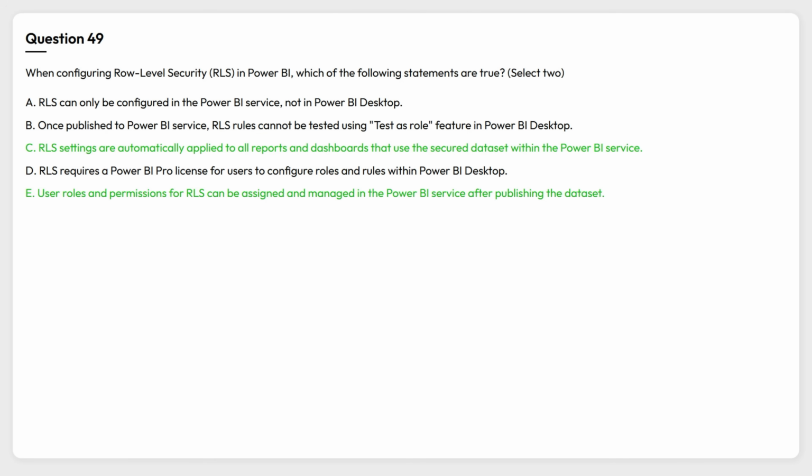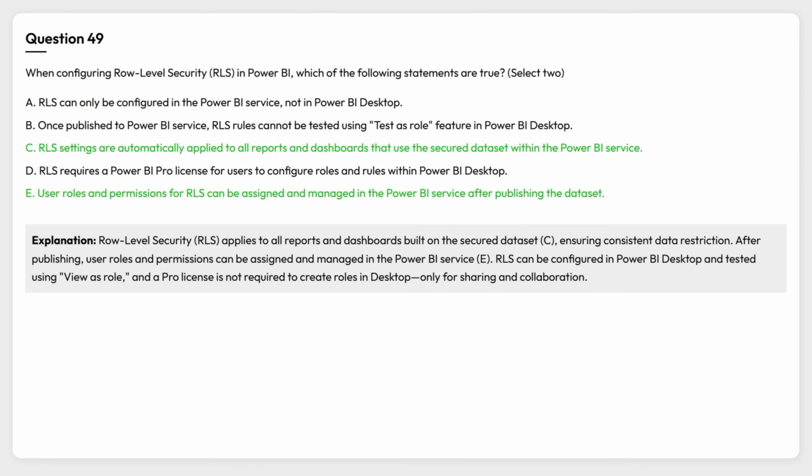The correct answers are Option C. RLS settings are automatically applied to all reports and dashboards that use the secured dataset within the Power BI service. Option E. User roles and permissions for RLS can be assigned and managed in the Power BI service after publishing the dataset.